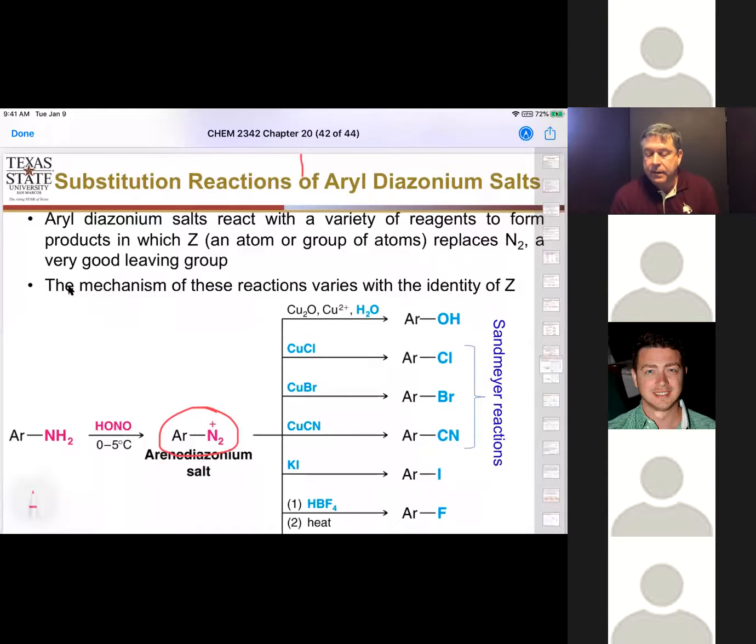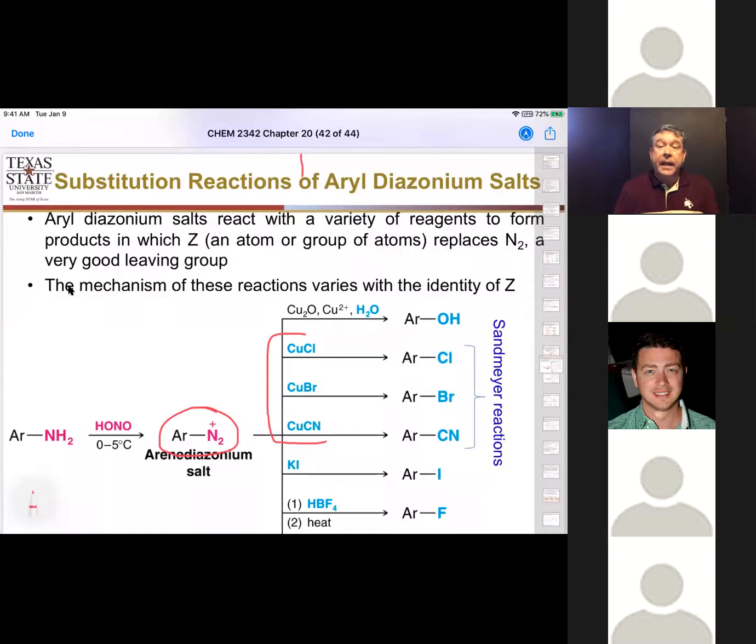So in the case of copper chloride, copper bromide, or copper cyanide, we get a direct attachment of the chlorine, bromine, or cyano to the location on the aromatic ring where the amine was, where that NH2 was, okay? It doesn't move around the ring, it doesn't go ortho-para-meta, it goes exactly substituting at that position.